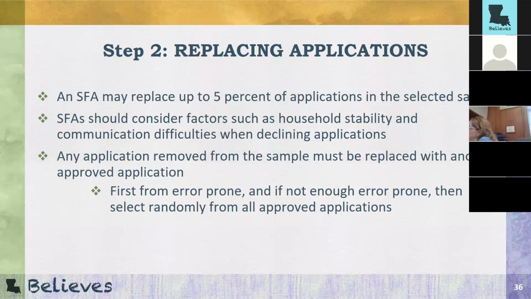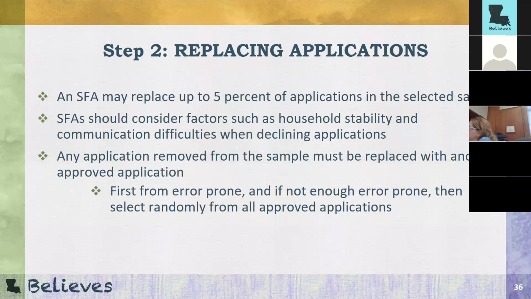When an application is selected for verification and, prior to hearing back from the household in question, that household is found on a direct certification list, the application does not have to be replaced in the verification sample pool. The application will be marked as a direct certification in the appropriate box on section 3 of the FNS 742, which is the verification summary form.